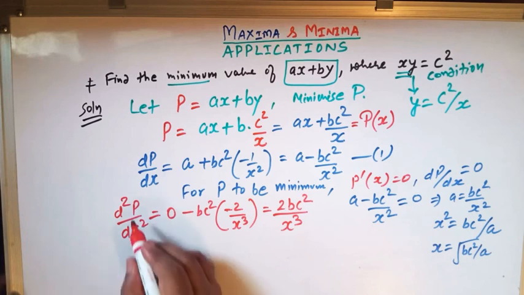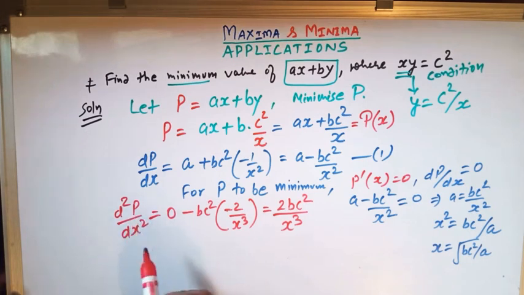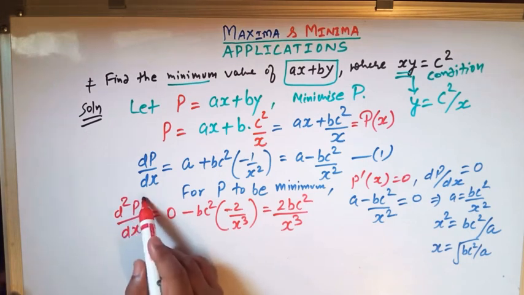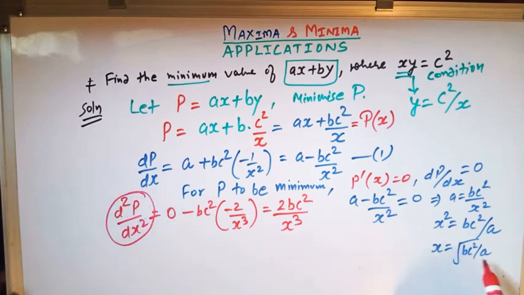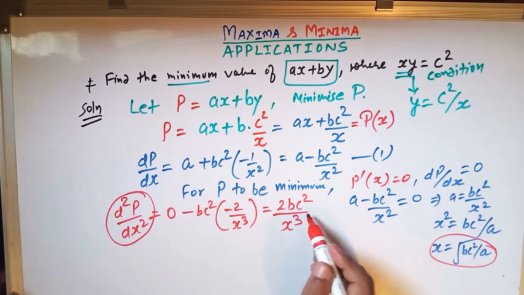Clear? Now the value of the second derivative at this point is obviously positive. This is a positive quantity.